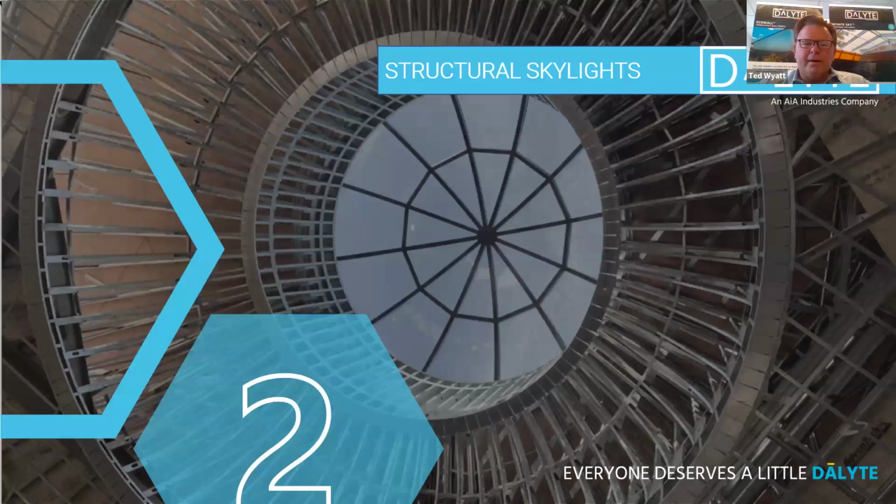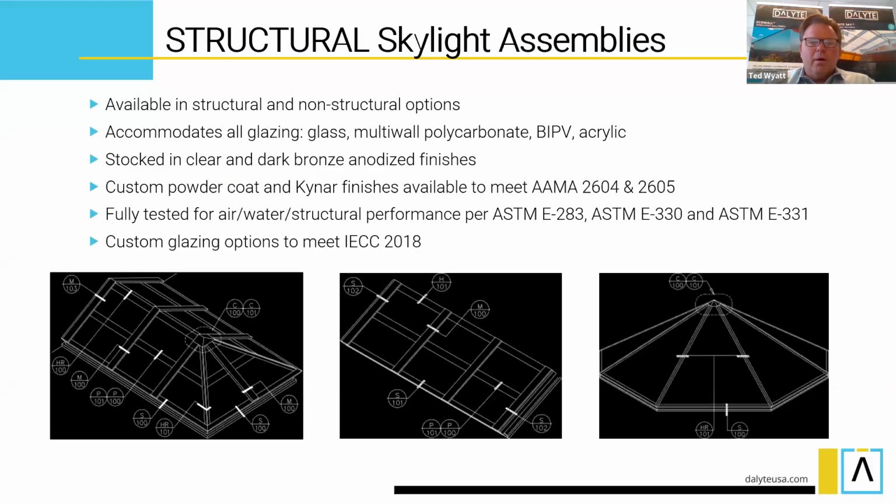Our structural skylights are available in a structural configuration or a non-structural one, like a skin system, which would be used more in a canopy type scenario. With either system, it accommodates really any glazing type, whether it's glass, multi-wall polycarbonate, BIPV panels, or even acrylic, in any thickness as well.